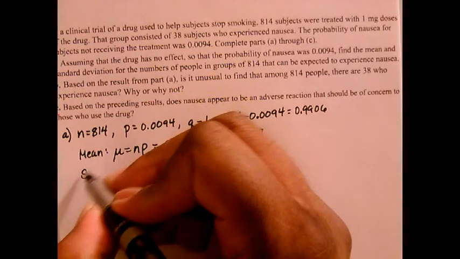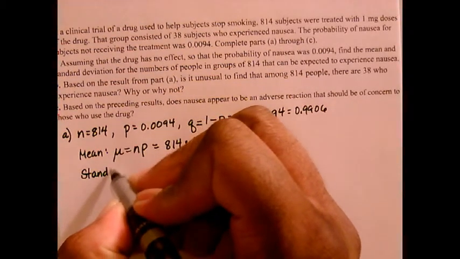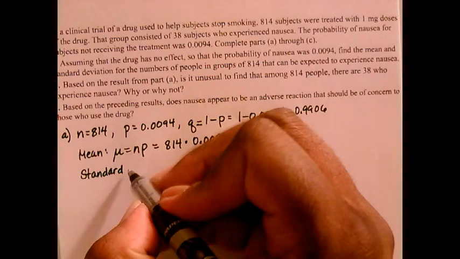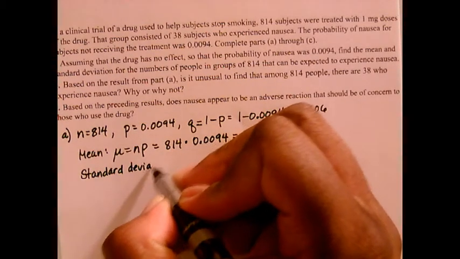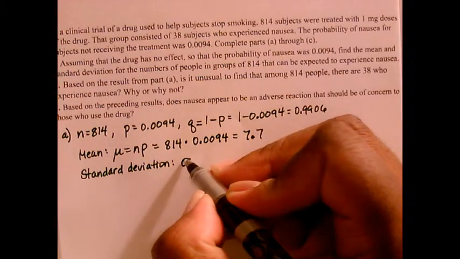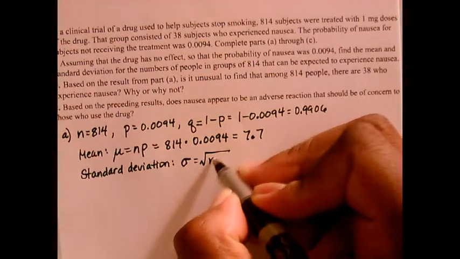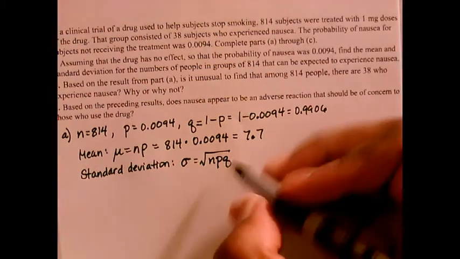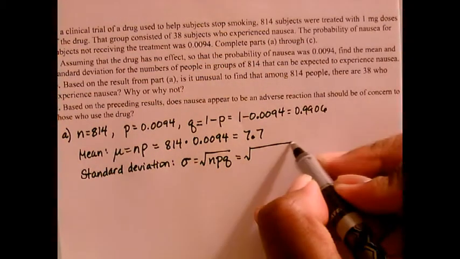And then for the standard deviation, that's sigma, which is equal to the square root of n times p times q.